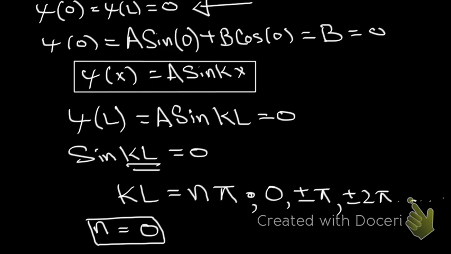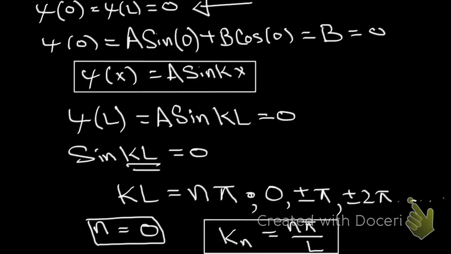So from this, we can write our wave vector k_n as n pi over L, with n equal to 1, 2, 3, 4 and so on. So only discrete wave vectors are allowed. This implies that only discrete values of wave vectors are allowed, because n is not 0, actually 1, 2, 3, 4, 5.